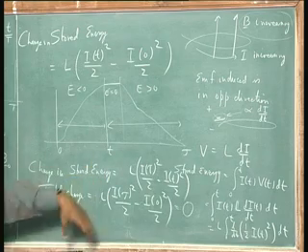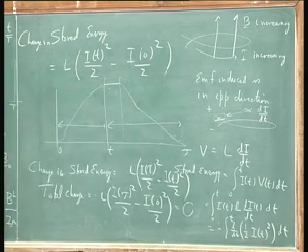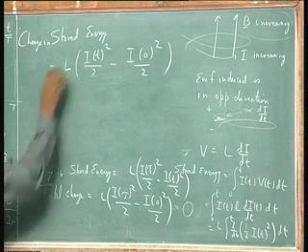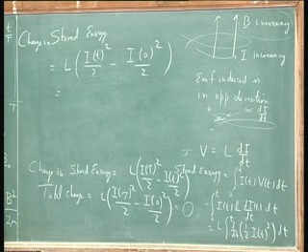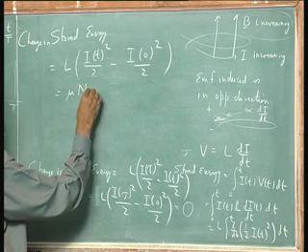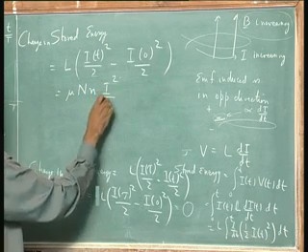Now, how much is that energy? Well, we know it is L I squared over 2. So, we know stored energy is equal to L I squared over 2, but now what is L? We have got L from earlier, it is equal to mu n squared times the volume.